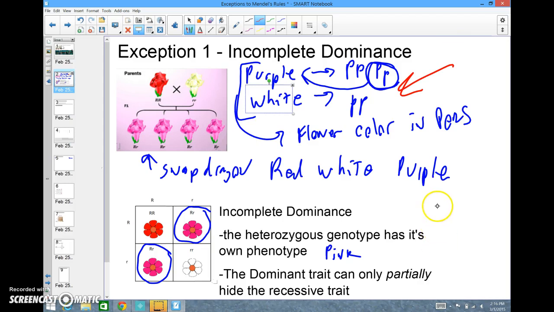Whereas down here, what's happening is the colors are mixing so that the red is showing up and the white is showing up, and it's actually creating that blend that, you know, forever people thought was how all traits were passed on. And it turns out a blend is not all, but it is only one possibility.